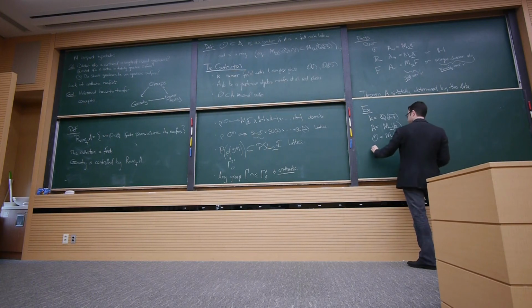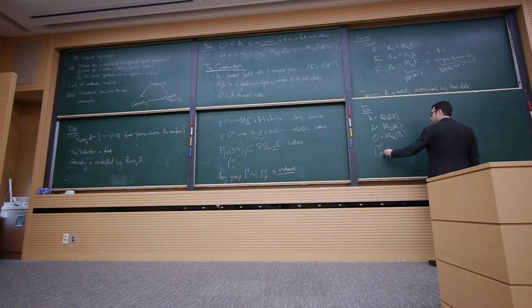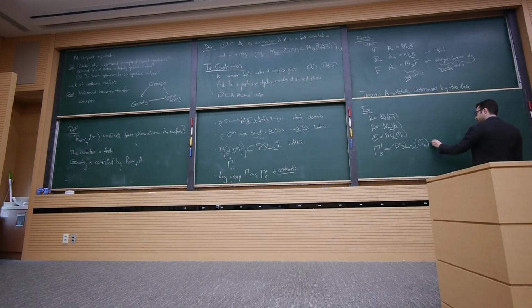So what you get, in this notation, is that this gamma 1 is going to precisely be PSL2 of O_K, and these things are called Bianchi groups.